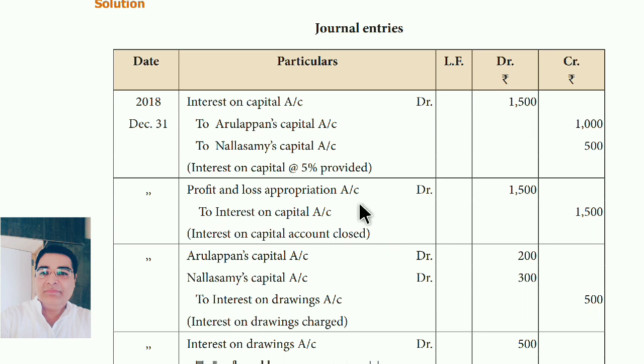Next entry, the same amount we have to write here. Profit and loss appropriation account debit to interest on capital 1,500, because we have to close this entry.